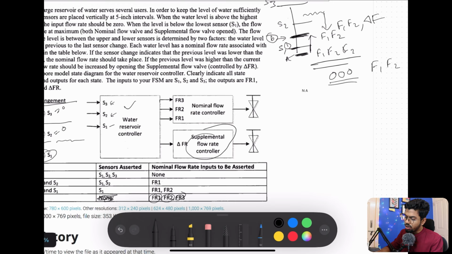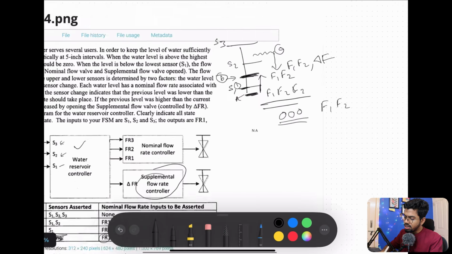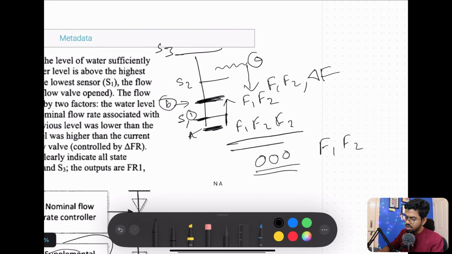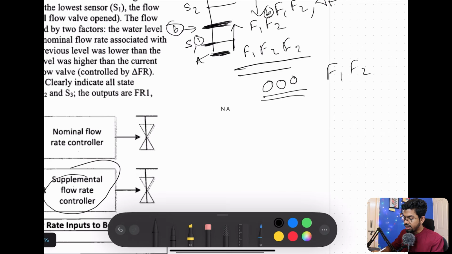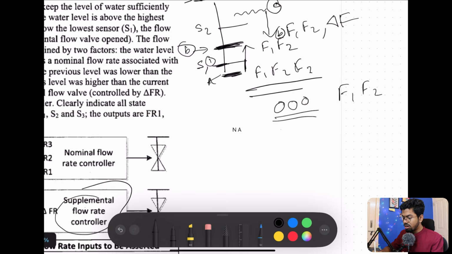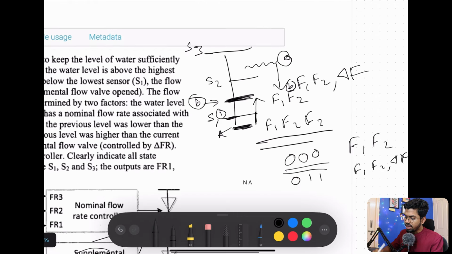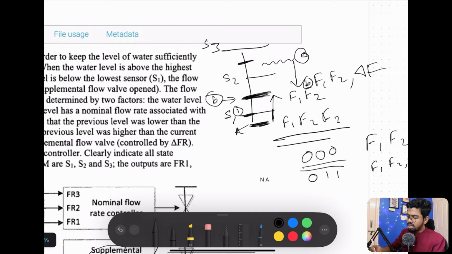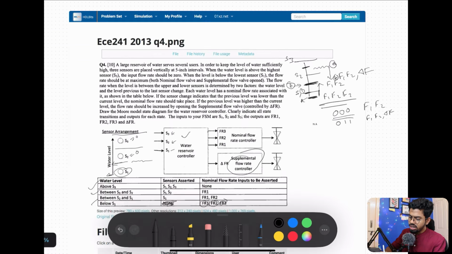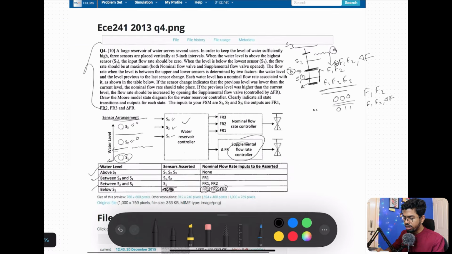But if you are reaching from point C to B, then previously your S1 and S2 were high, so that time you will open F1, F2 and also delta F. Likewise, if you are between S3 and S2. These details are there in the statement, you can go through and understand it, but I have just given you a summary.